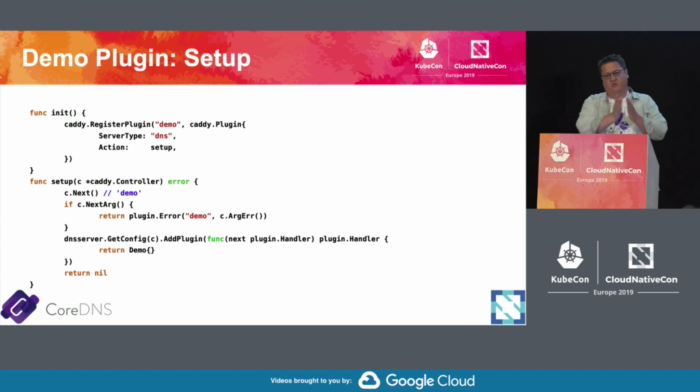Like we saw in the way that the queries are resolved, you have these different paths that the query can go through. Each of those paths corresponds to a series of plugins that call one another. In essence, they pass the request down. They say, if I didn't handle this request, I need to pass the request down to the next plugin to handle it. That's essentially registering with that chain.